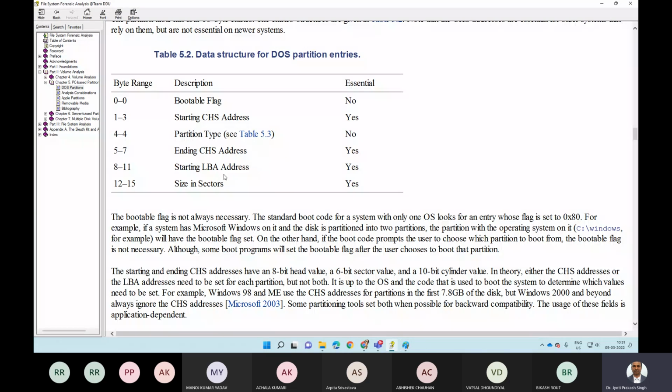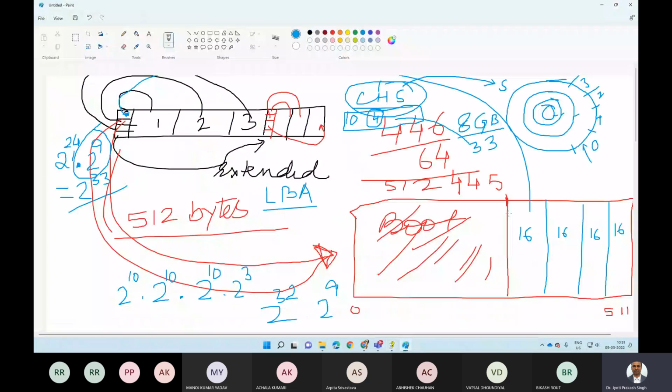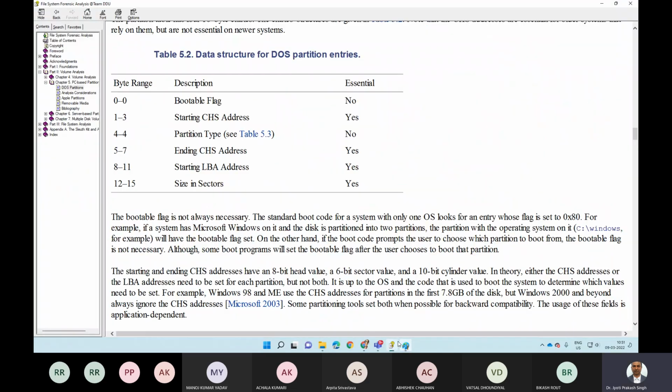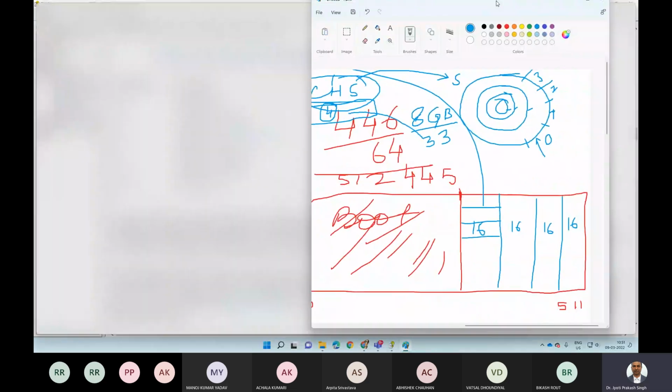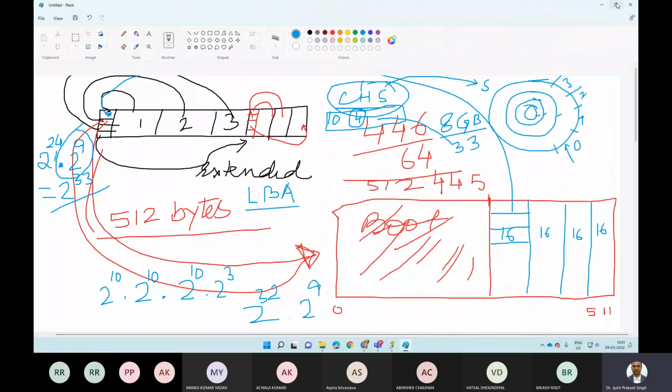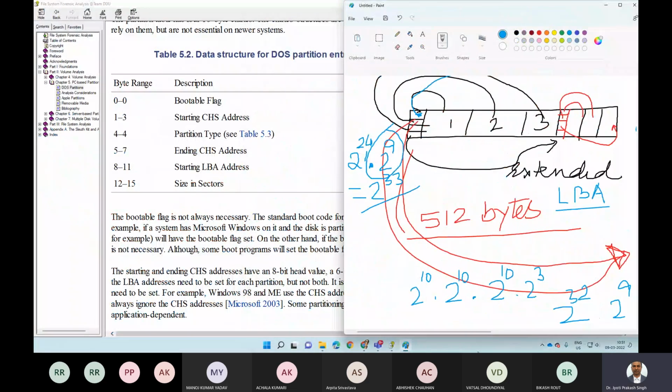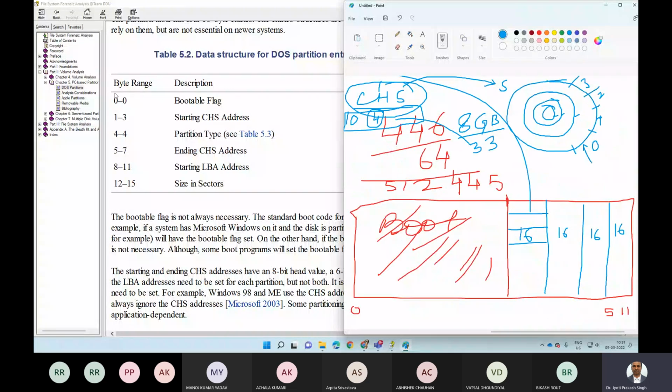So this is what goes on in each partition entry. These 16 bytes are defined like this, and it will be the same for each one. The 16 bytes will be something like this.